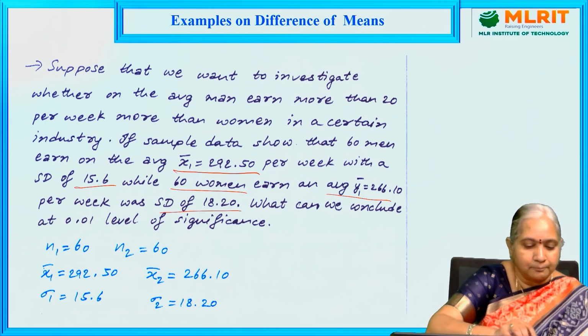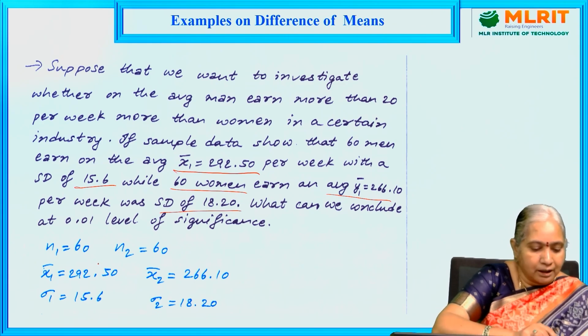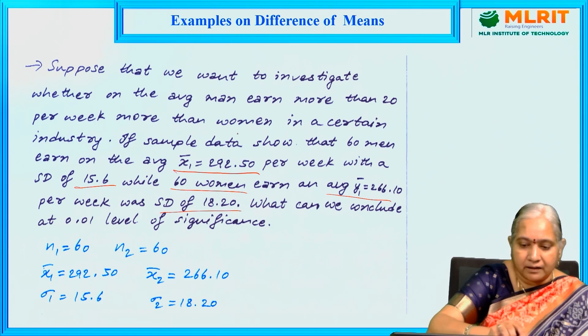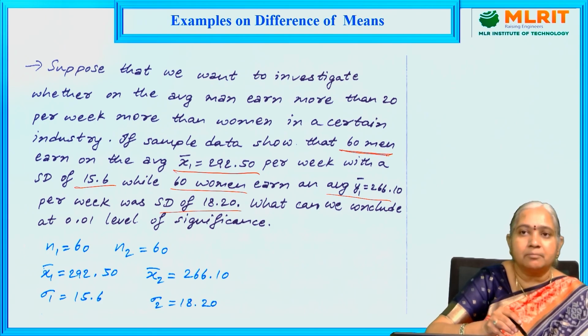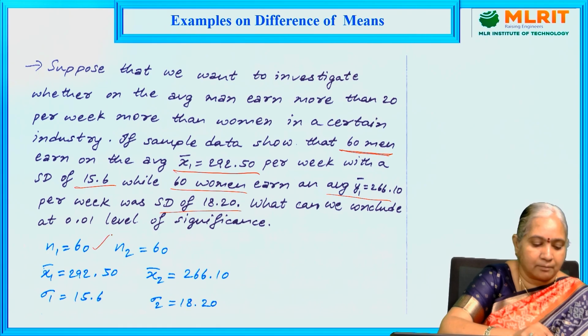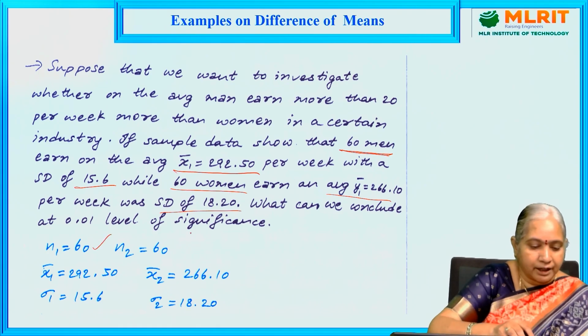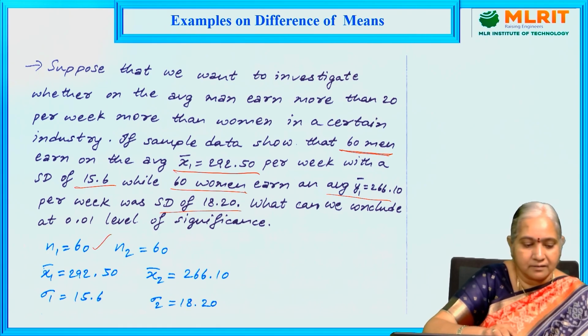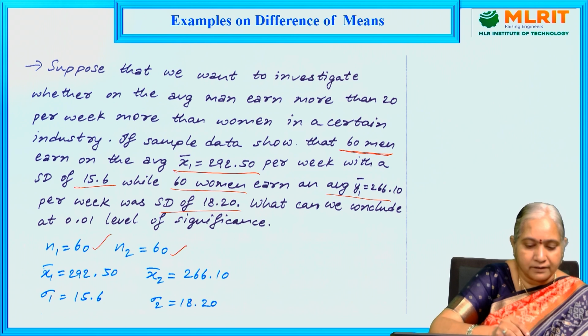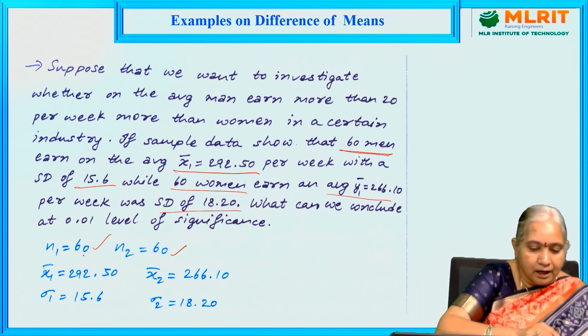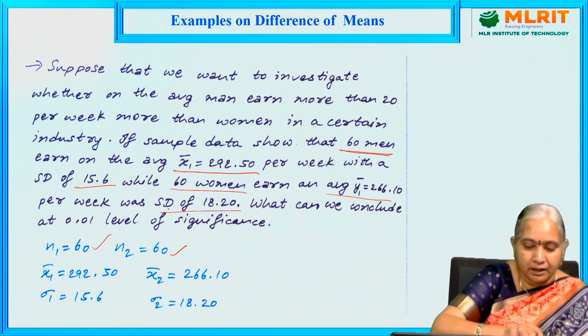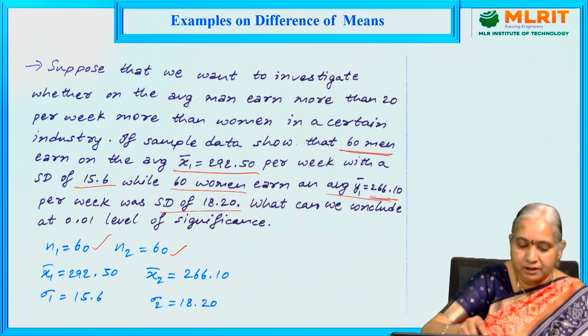So here, first sample size, 60 men. 60 men are taken means first sample size is 60 and the second sample size is also 60. And first sample mean is 292.5. Second sample mean is 266.1.